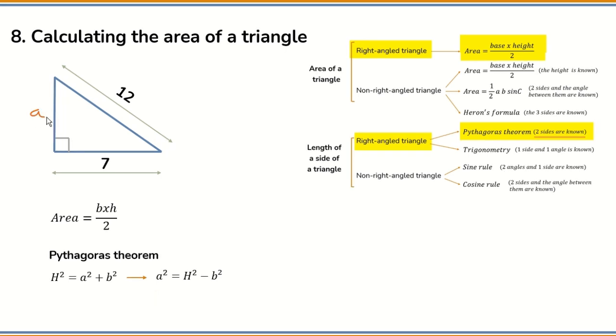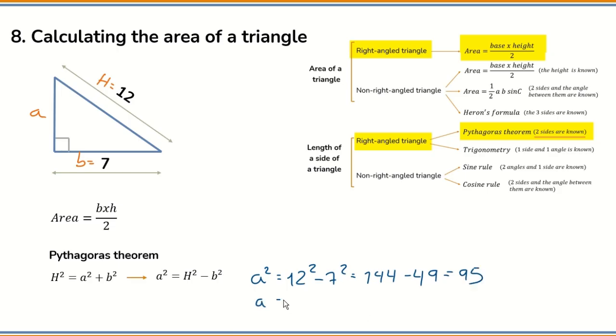If this is A, this is B, and this is H, A squared equals 12 squared minus 7 squared, which is 144 minus 49, which is 95.